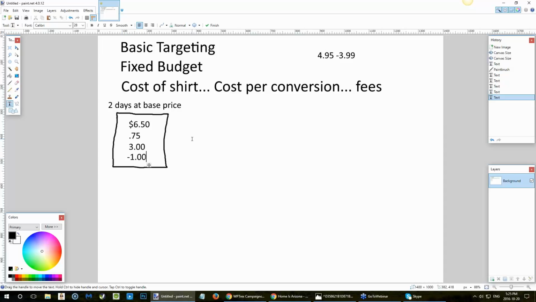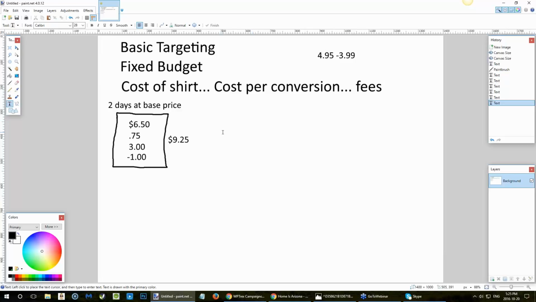Tell me what this is going to be priced at, allowing us a $3 conversion. Hopefully somebody's going to say $9.25. Let's just put down $9.25. We've got this one at $9.25.